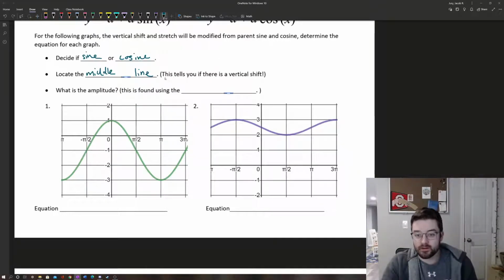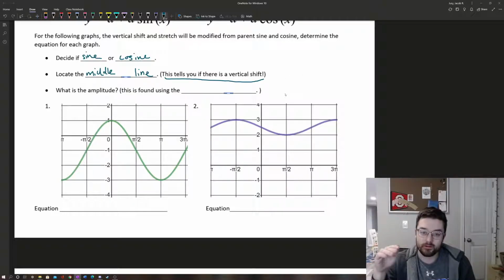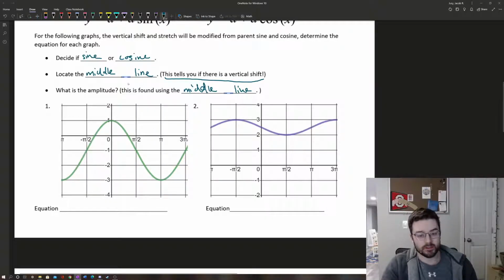This is going to tell you if there's a vertical shift, depending on where the middle line is. You can see it's the middle line because it's going to split the function in half vertically. So the amplitude is centered around the middle line, and we're going to locate that when we determine these equations.